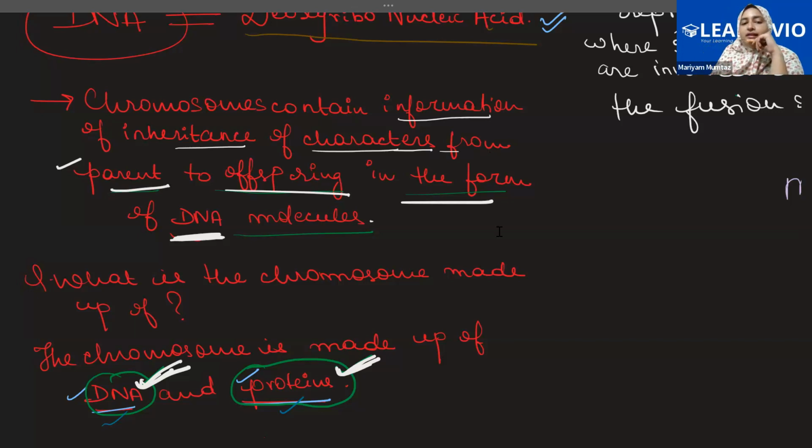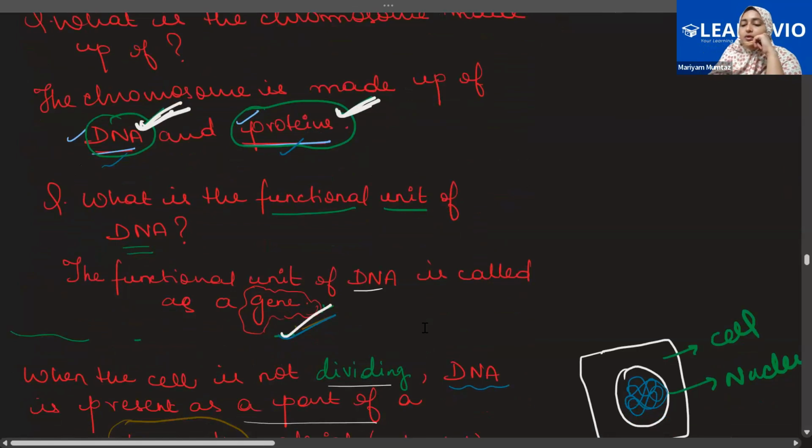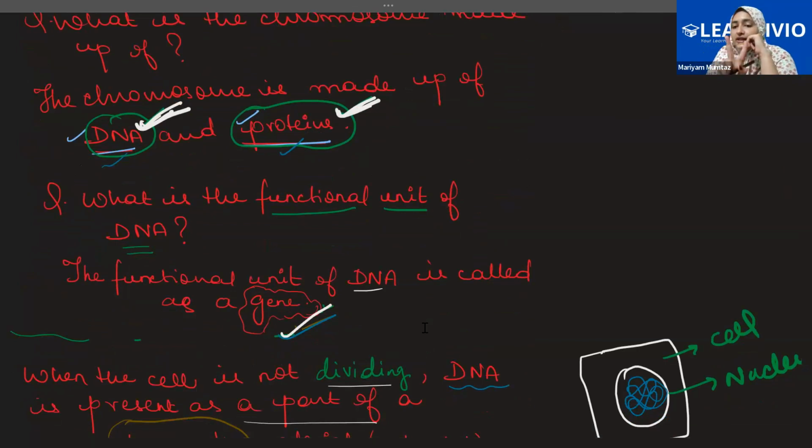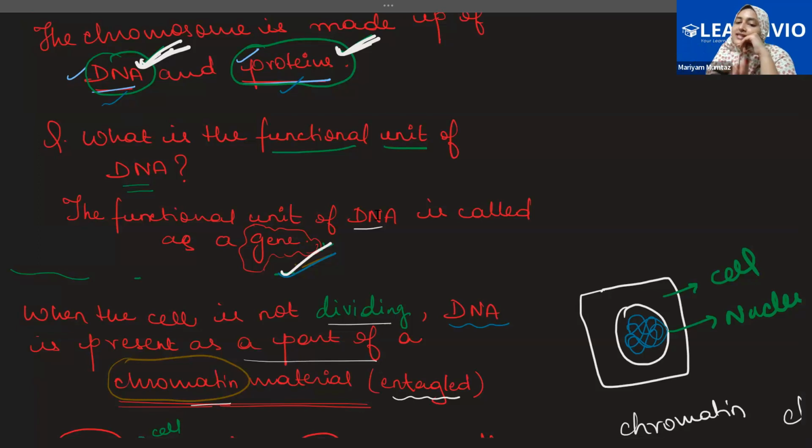Now, talking about what the chromosome is made up of. Every chromosome is made up of two things, DNA and proteins. It has a lot of proteins present in it, and the DNA, of course. Now, every DNA has a functional unit, just like the cell is the functional unit of life in general.